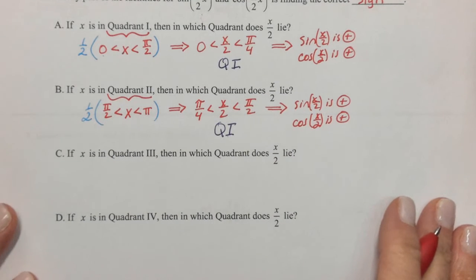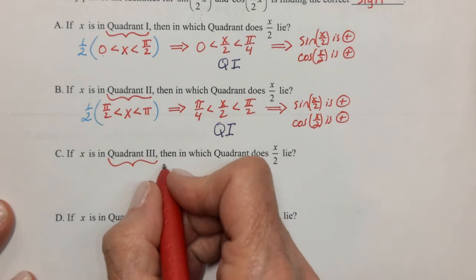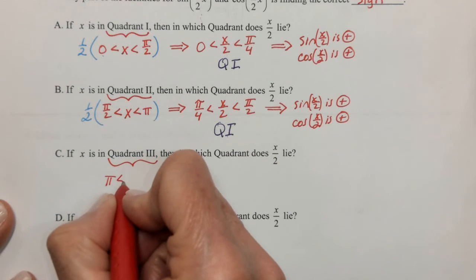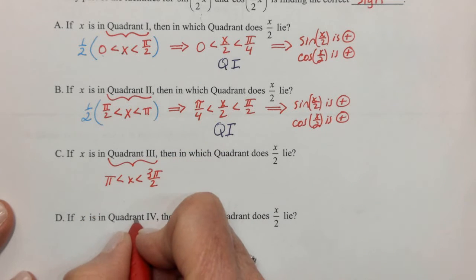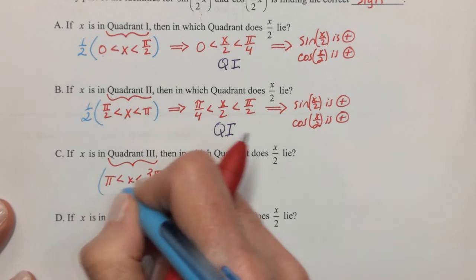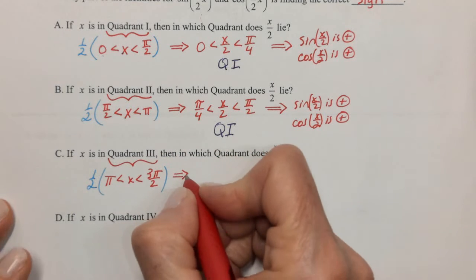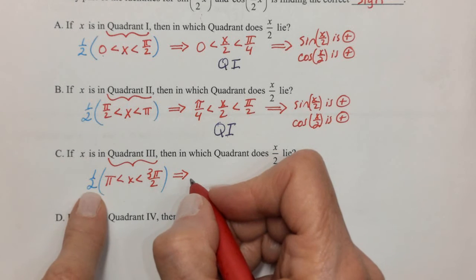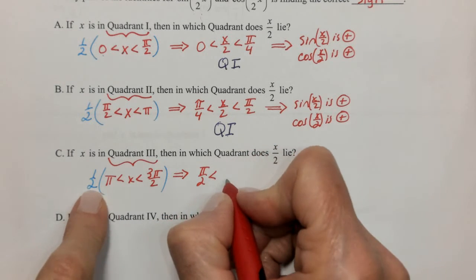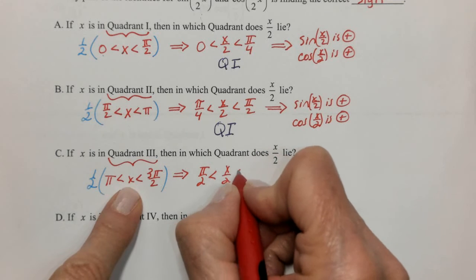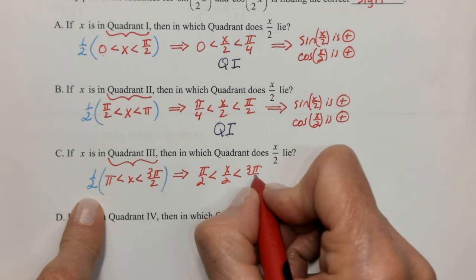Okay. What if x is in quadrant 3? Well, quadrant 3 would be from pi to 3 pi over 2, right? If we take half of all of those, 1/2 times pi is pi over 2, 1/2 times x is x over 2, 1/2 times 3 pi over 2 is 3 pi over 4.